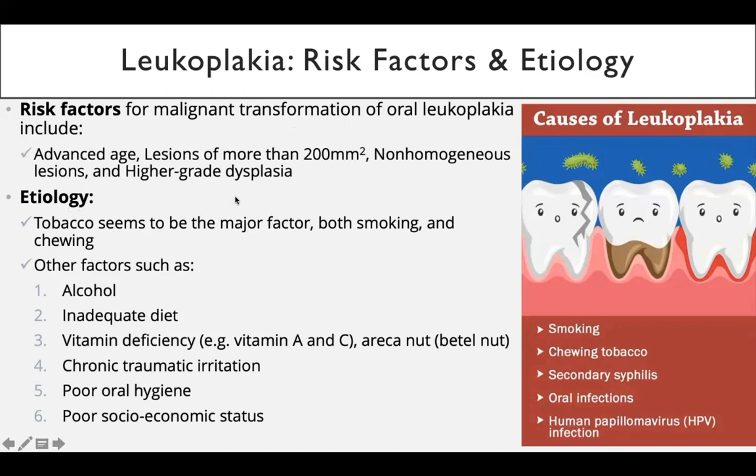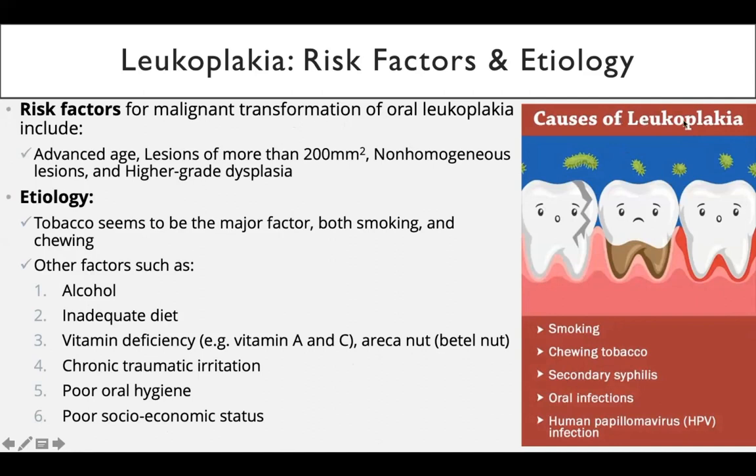And the etiology, the cause, will be almost the same, which is tobacco seems to be the major factor, both smoking and chewing. Chewing tobacco and smoking tobacco have the same effect, and this is the main factor of developing leukoplakia. Other than that, there's alcohol abuse, inadequate diet, vitamin deficiency, for example, especially A and C antioxidants, areca nut, also known as betel nut. Then there is chronic traumatic irritation, poor oral hygiene, poor socioeconomic status.